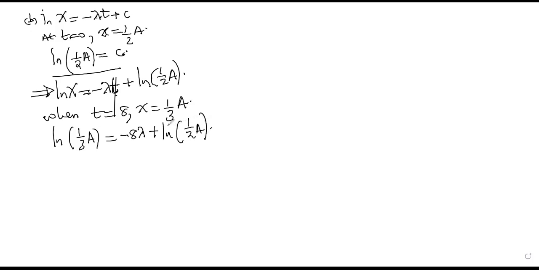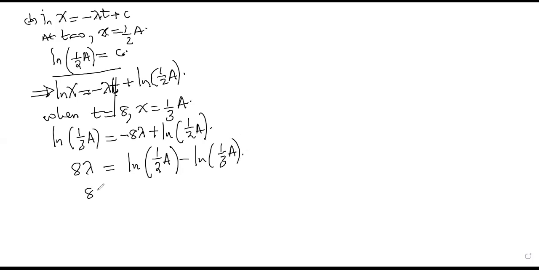Now we are going to realize that 8 lambda, I can say 8 lambda this side, is equal to ln a half a, let me take it slowly, minus ln a third a.